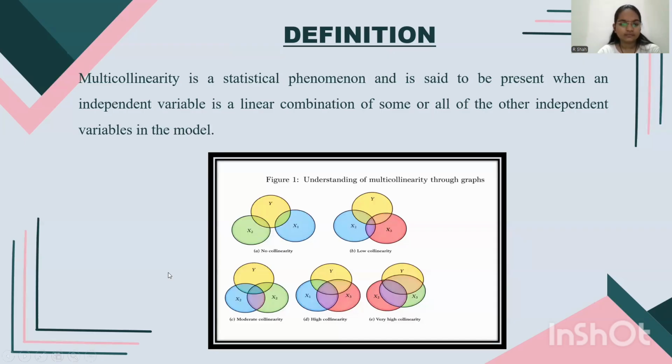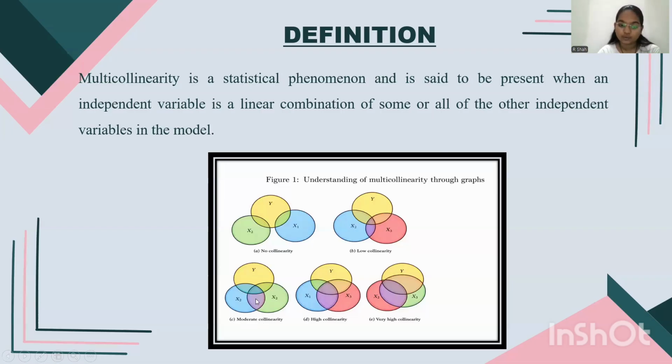So in this image, you can see that between X1 and X2 there is no linear relationship, right? So there is no collinearity. Here, some portions are mixed with each other, so there is a low collinearity.